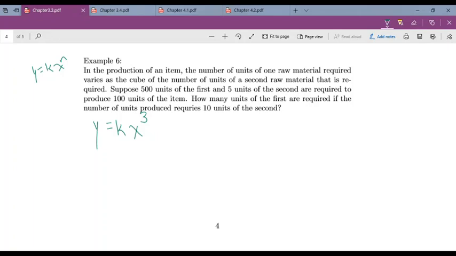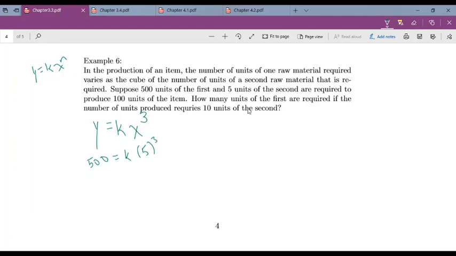So what we get here is we need 500 units of the first, and we need 5 units of the second in order to produce 100 units of the item.